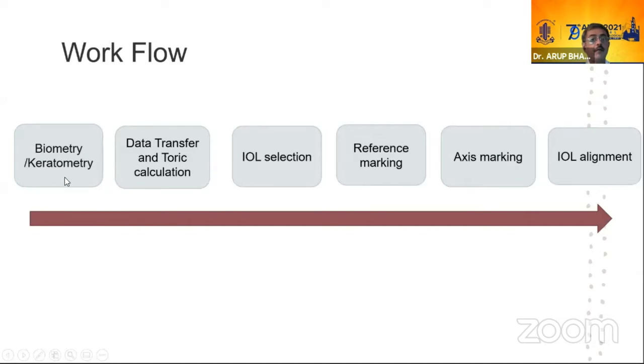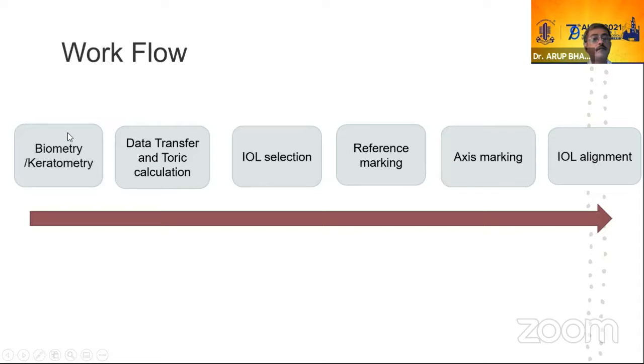If you see the workflow, it's biometry and keratometry transfer, the toric calculation, IOL calculation, reference marking, axis marking, and the IOL alignment. In a very busy practice or hospital, you have to depend on many persons in this transfer.